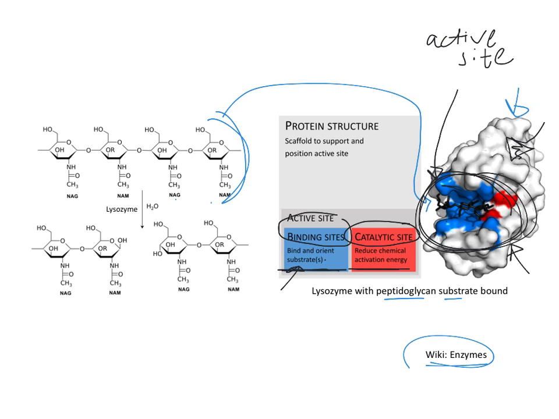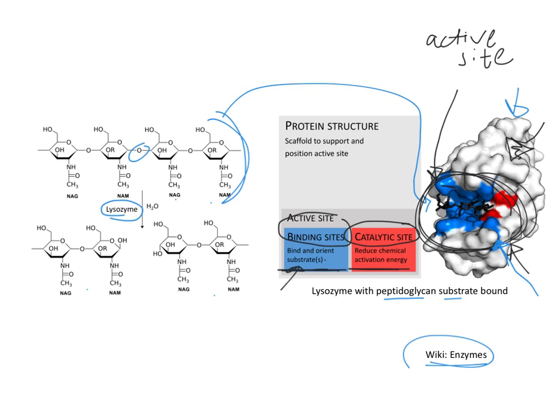So lysozyme, again, in this chemical equation is sitting on the arrow. The products are here. It catalyzes the cleavage of that glycosidic bond. So the active site is right here, like a cave that the substrate goes into in a specific manner.